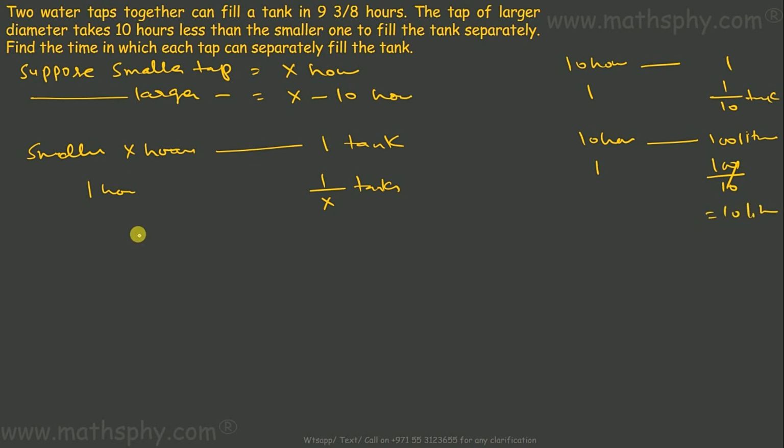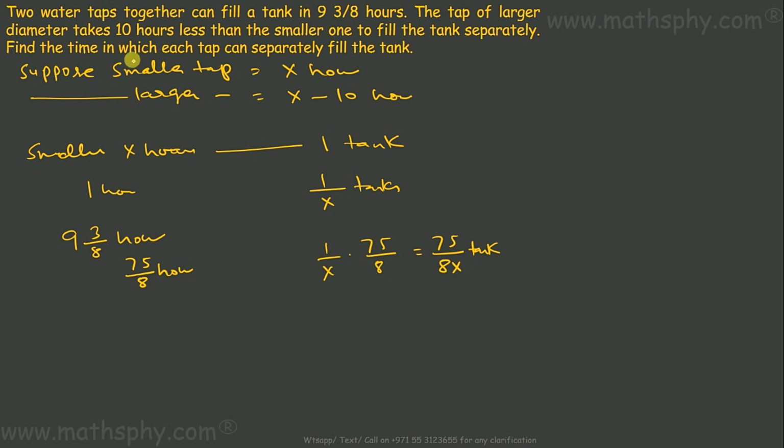That is what I am trying to say here: if a smaller tap takes x hours for one tank, in 1 hour it will fill up 1 over x tank. So in 9 3 over 8 hours, which is 75 over 8 hours, how much tank will it fill up? 1 over x into 75 over 8, which is 75 over 8x tank.